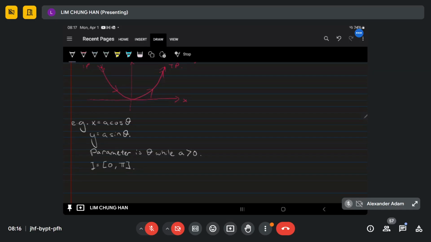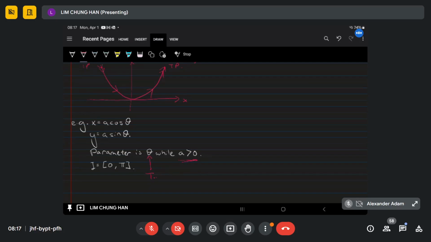In this question, the parameter is theta. That means the t is theta. Now this a is just a common variable. You don't have to worry about the a. A is any number that is bigger than 0. You can just assume a is any random number bigger than 0. Can be 1, can be 2, can be 3. Doesn't matter. You don't worry too much about it.